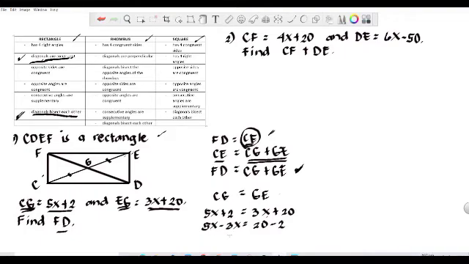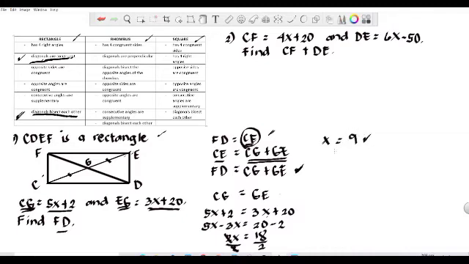So we will have now 5x minus 3x, that is equal to 2x is equal to 20 minus 2, that is equal to 18. So we have a coefficient for x, which is 2. We will divide both sides by 2. So we can now cancel out 2. X is equal to 18 divided by 2, that is equal to 9. So the value of x is equal to 9.